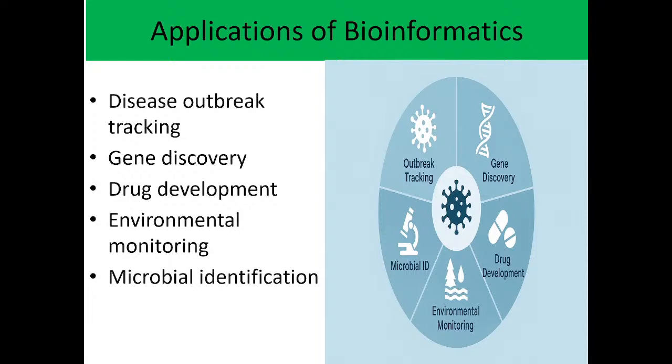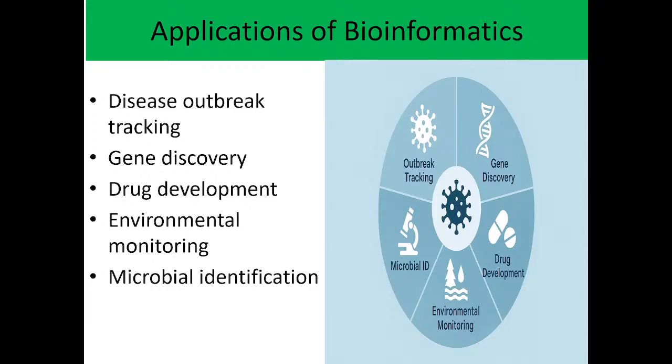You sequence this, and that's going to give you the totality of the alphabet of life, that is ATGC in DNA. So that is why bioinformatics can be useful in the management of disease outbreak.